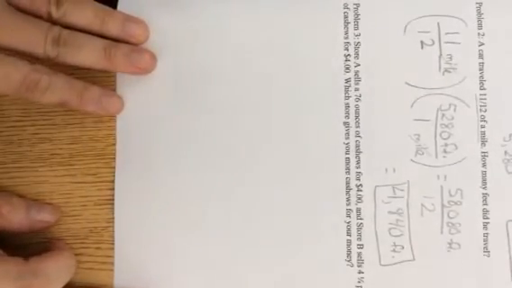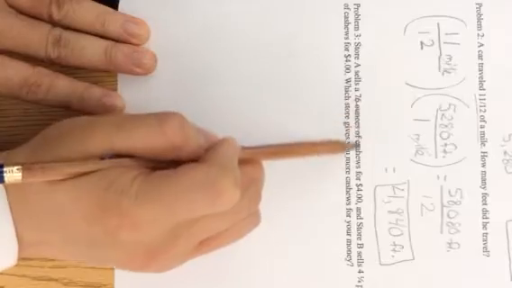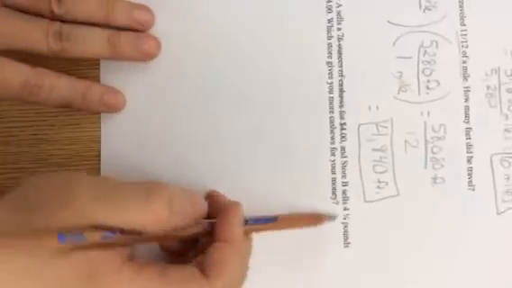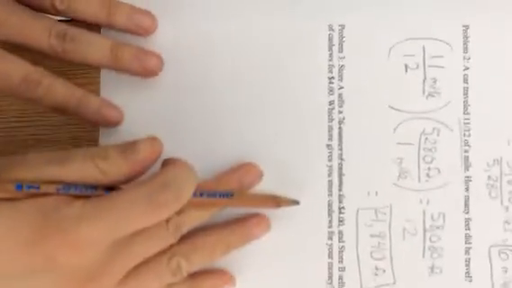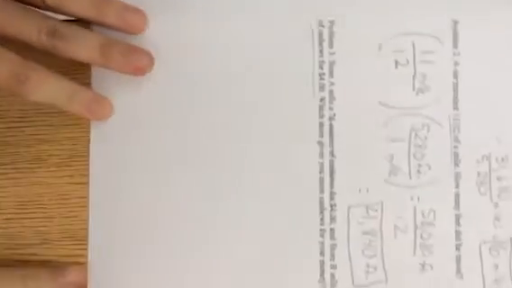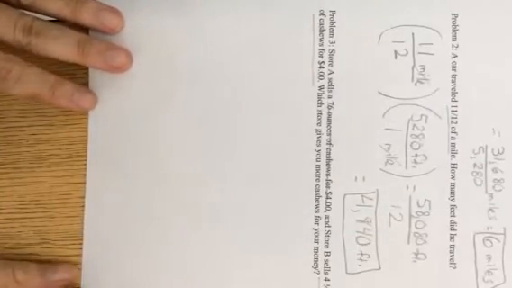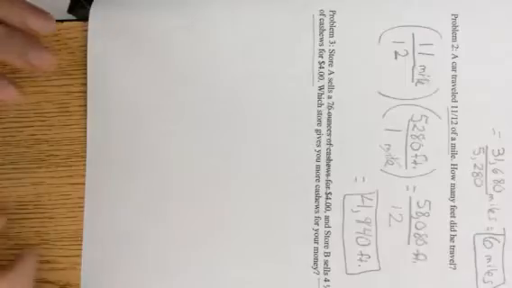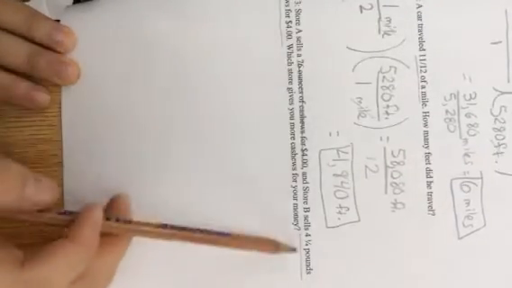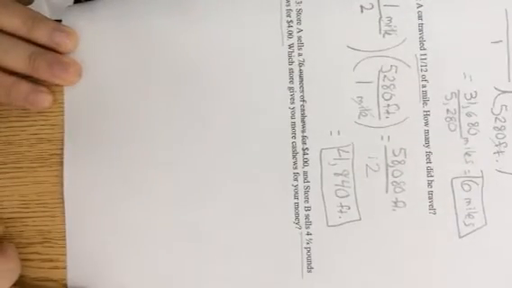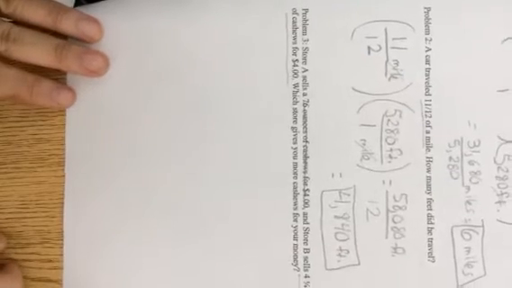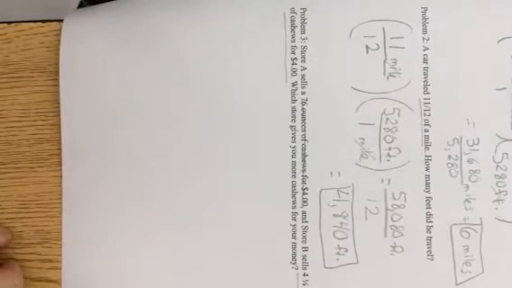So store A sells 76 ounces of cashews for $4, and store B sells 4 1/4 pounds of cashews for $4. Which store gives you more cashews for your money? So they're selling 2 amounts, but at the same price. I want to figure out, well, which store is giving me the better deal?